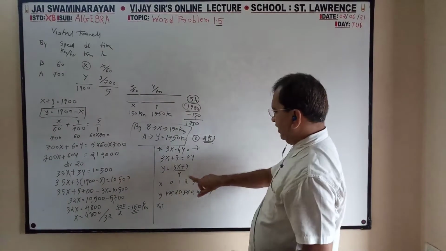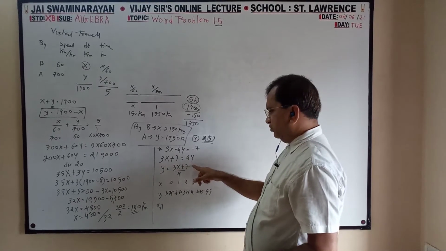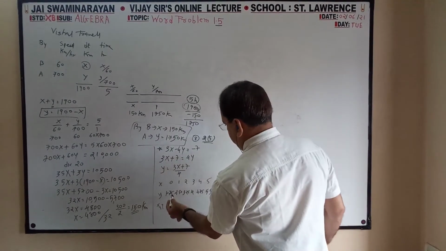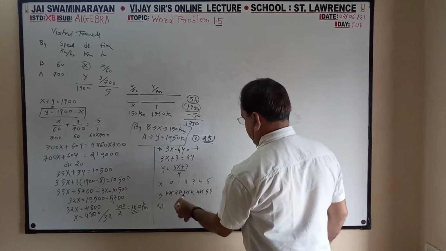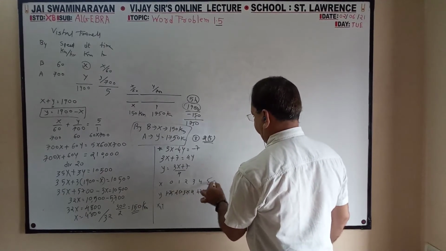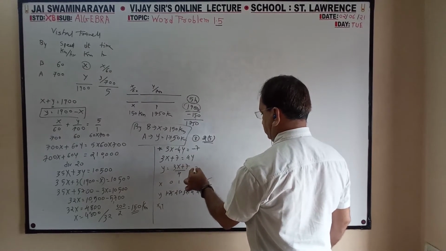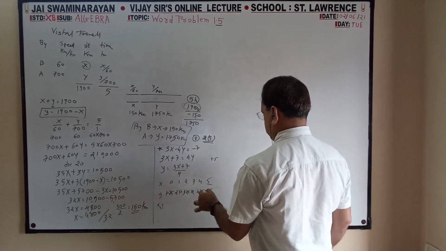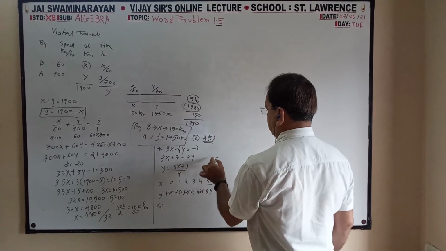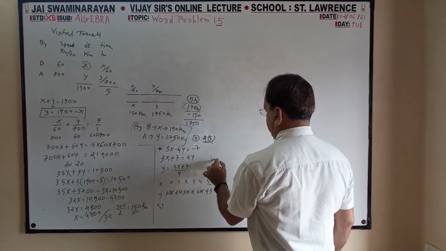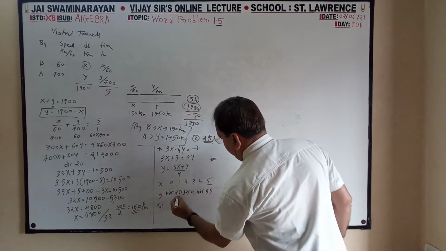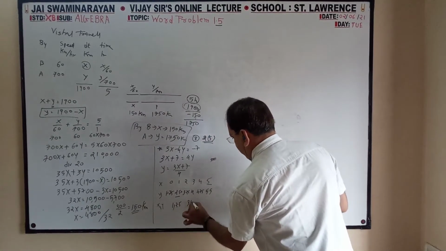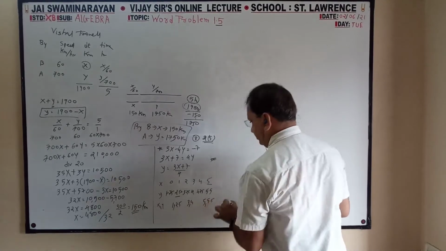Suppose x is 5: 15 plus 7 is 22, 22 by 4 is 5.5. So which points will we take, the rounded ones: 1 and 2.5, 3 and 4, 5 and 5.5. This point we will take.